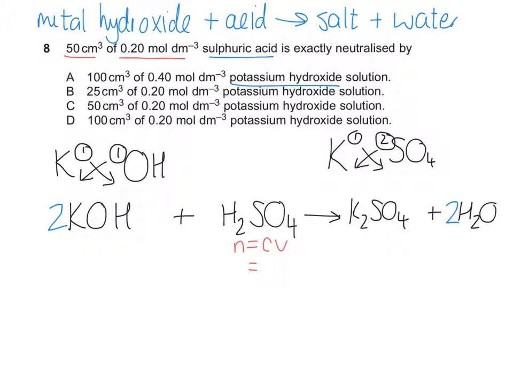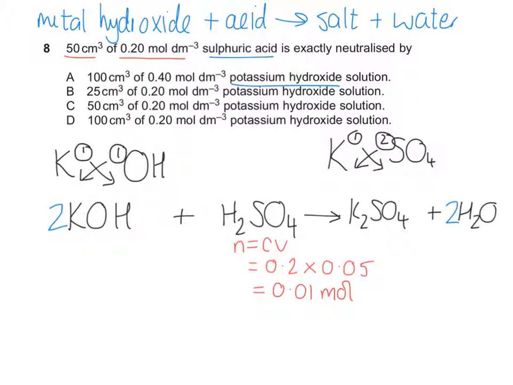So our concentration is 0.2 moles per decimeter cubed, and our volume is 50 centimeters cubed, which is 0.05 decimeters cubed. And that gives us a number of moles of 0.01 moles. So that's how many moles of sulfuric acid I have.